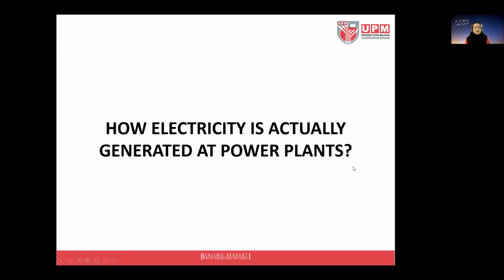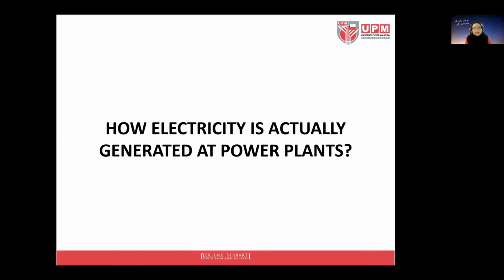So how is electricity actually generated at power plants? Because for the past few weeks, in all the lectures, we have been talking about generating power, generating electricity. We've looked at the renewable and non-renewable resources. And it's always going to be something like you have a source, and then we do something with it where it produces a different form of energy.